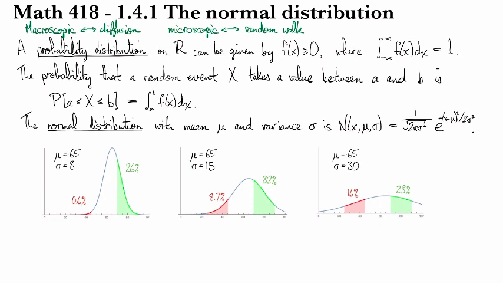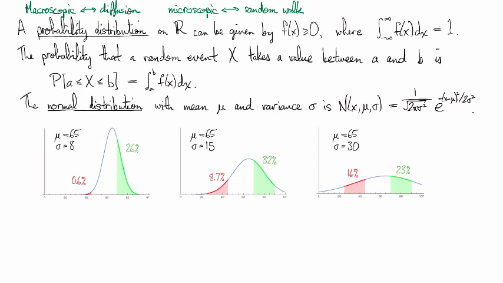So what does that mean in a particular case? Well, here are 3 examples of the normal distribution. These are all with mean at 65, so maybe I'll just mark that in here somewhere. There's the mean for each of these, and I've taken them with different variances.